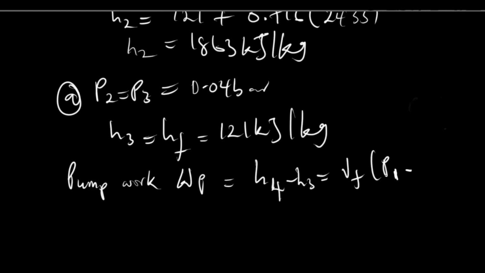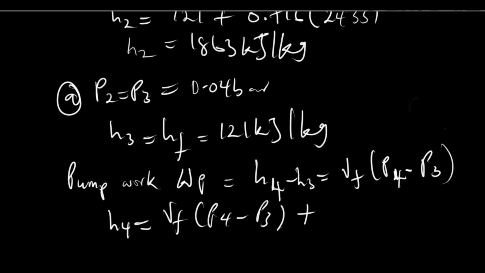So P4 minus P3. Now H4 is VF times P4 minus P3 plus H3.